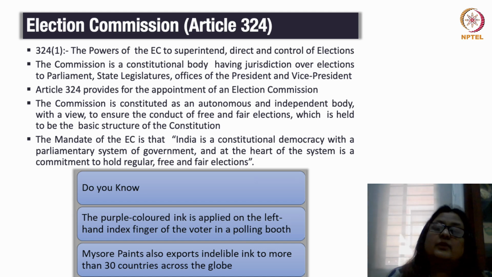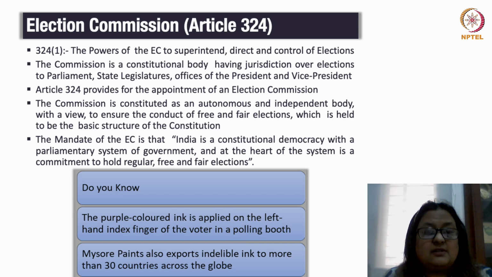Now, if we look into the powers of the Election Commission, it is an autonomous, independent body with a view to conducting free and fair elections. Other constitutional bodies are framed under legislations, but there is no separate legislation for the Election Commission.